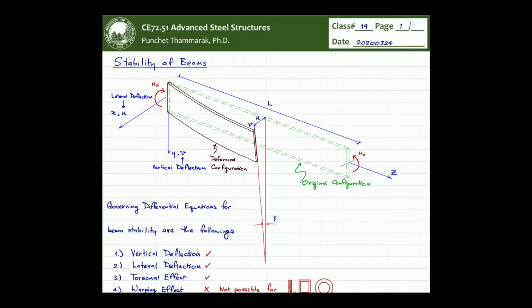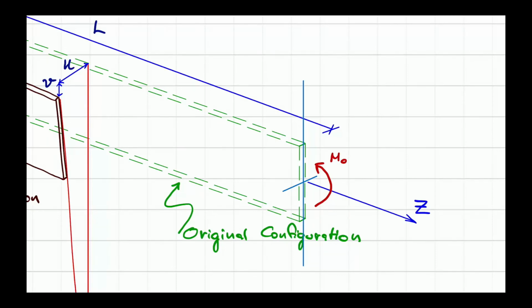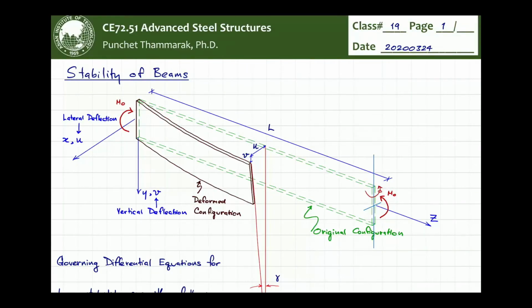Basically, if we take a look at this axis, we have 0. And likewise for the other end.